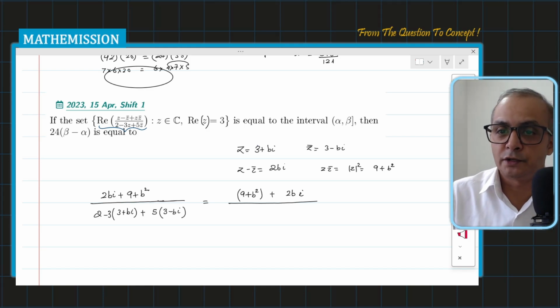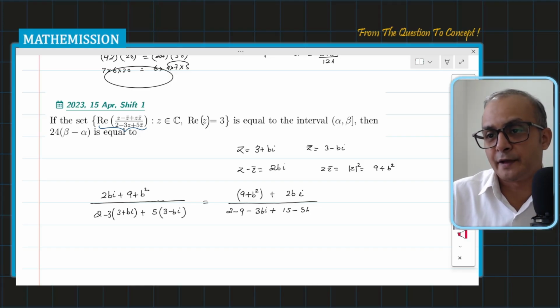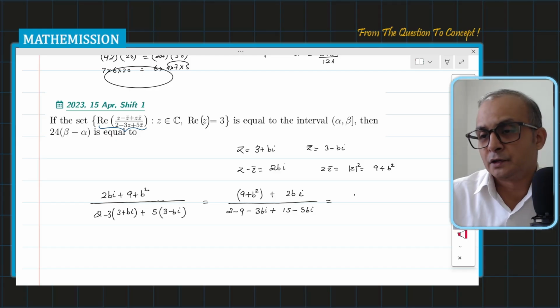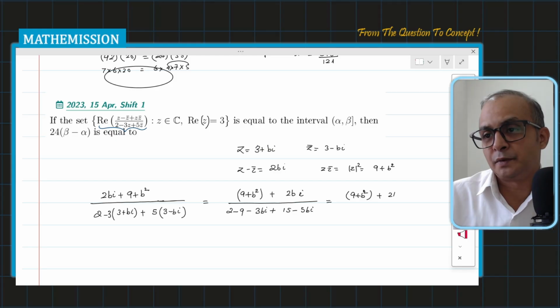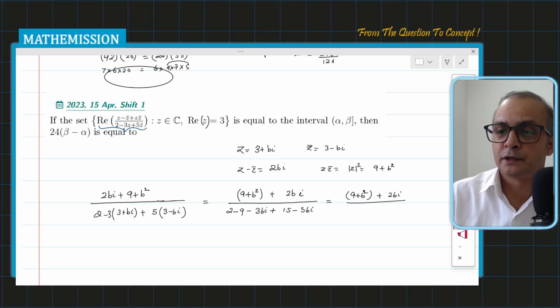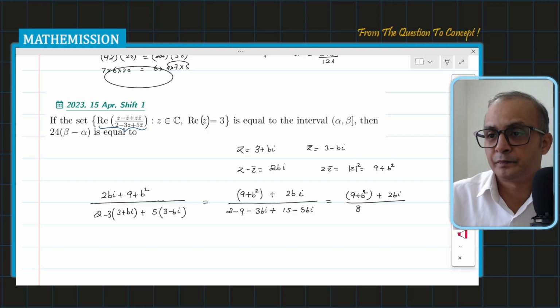So that is going to be twice of minus 9 minus 3bi plus 15 minus 5bi, over 9 plus b squared plus 2b iota, and here divided by 15 minus 9, which is 8, and minus 8.